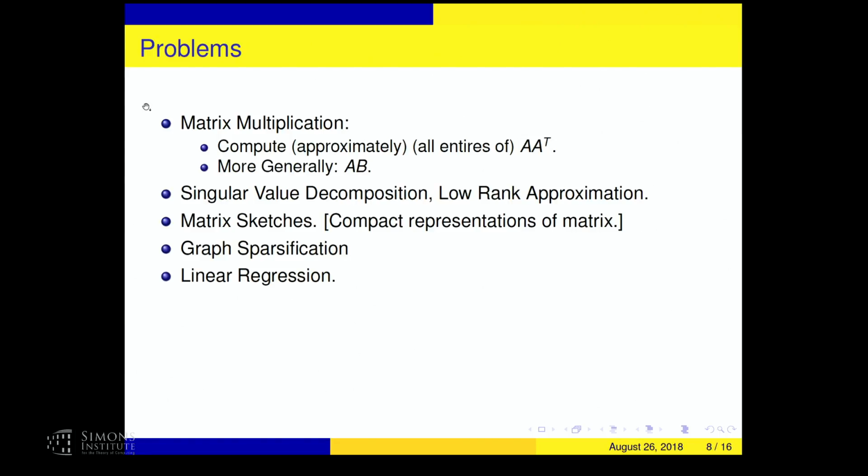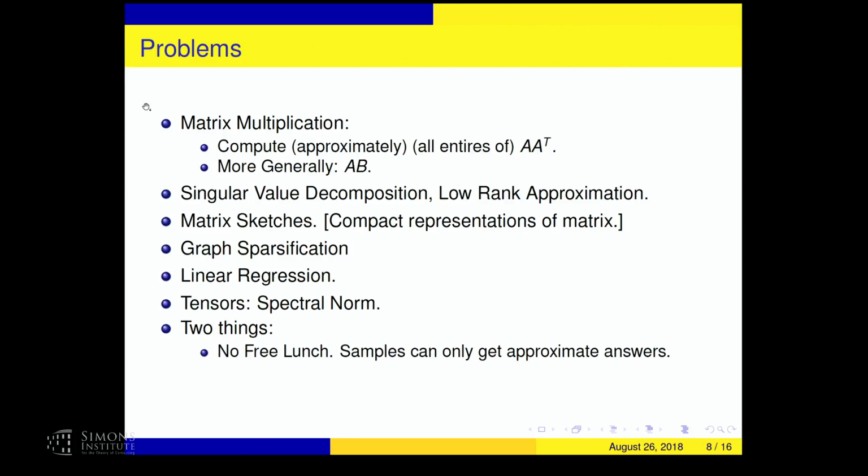Linear regression, which we'll see not in this talk, but in other talks. Tensors we won't see, but the spectral norm of a tensor is something similar to the spectral norm of a matrix: what are the unit vectors you hit it with so that you get the maximum? Sampling can be applied to solve this problem approximately. I won't tell you that today.